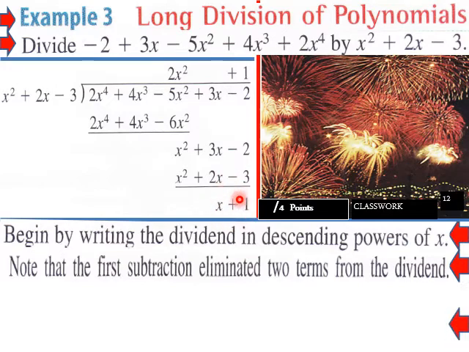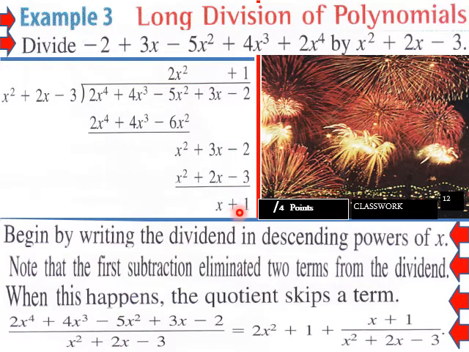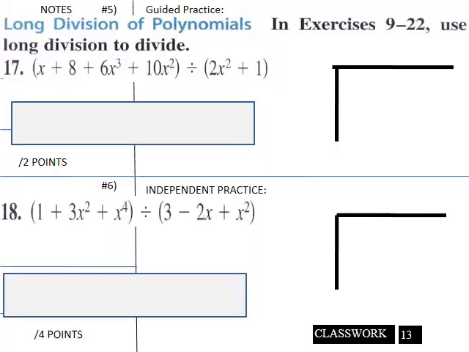So we have a remainder here of x plus 1. So when we have this here, this is our quotient here. When you divide this by this, you get 2x squared plus 1 plus x plus 1 over x squared plus 2x minus 3. This would be your quotient for this division problem up here.